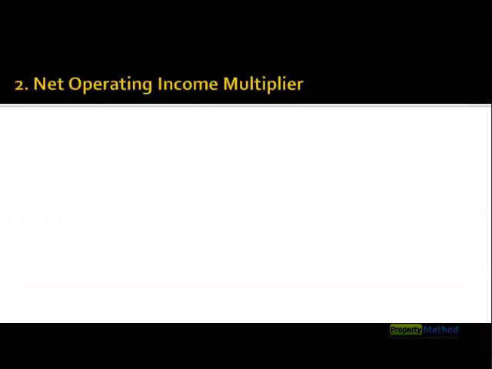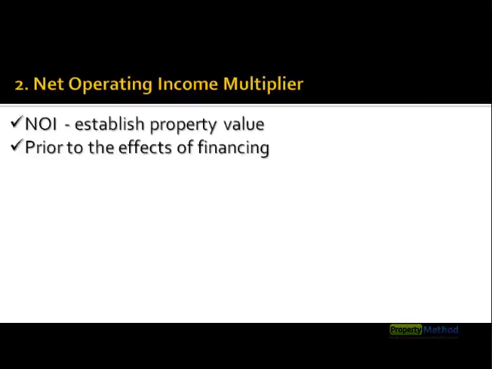Okay, good. Thank you. Let's move on to the next method to evaluate the property value: the net operating income multiplier. This method is normally adopted by banks and other commercial mortgage lenders. They generally use the net operating income, or NOI, multiplier to establish property value for loan purposes. They are looking at the investment prior to the effect of financing. This method is quite similar to the capitalization rate.